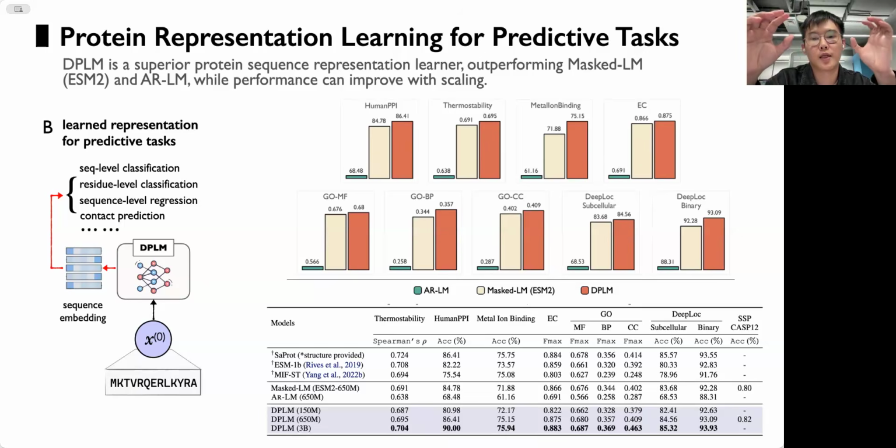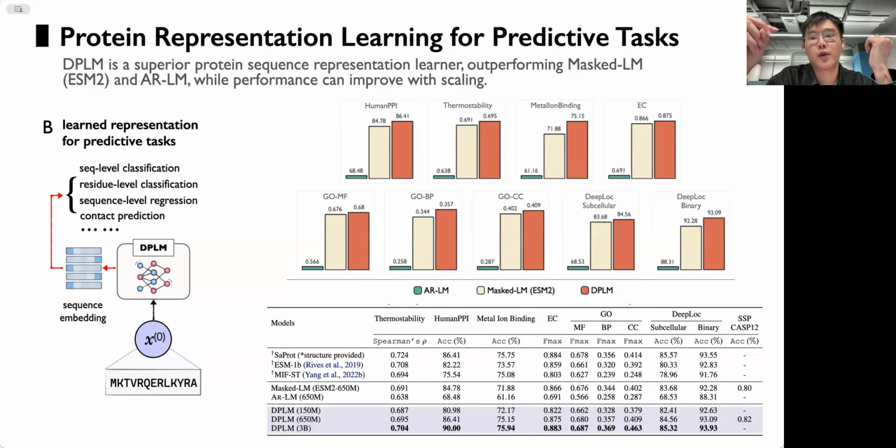So when you take the original amino acid sequence as input, you can use the last layer hidden state as the embedding of this sequence, and then learn an additional linear projection, classifier or regressor for various downstream tasks.